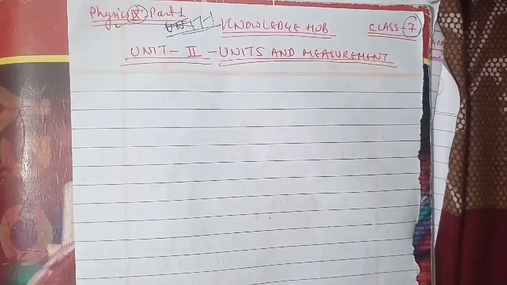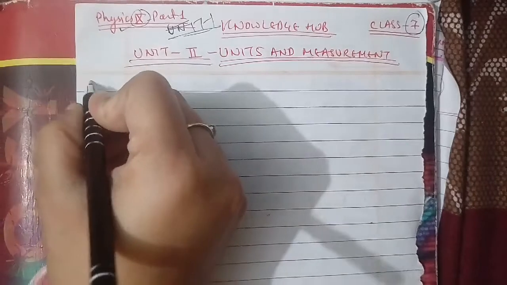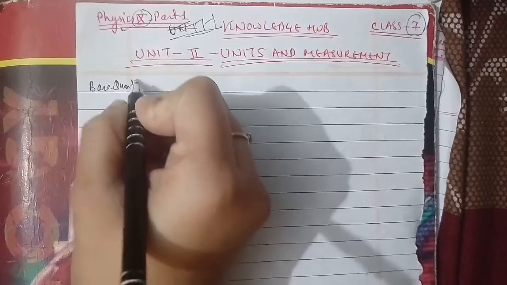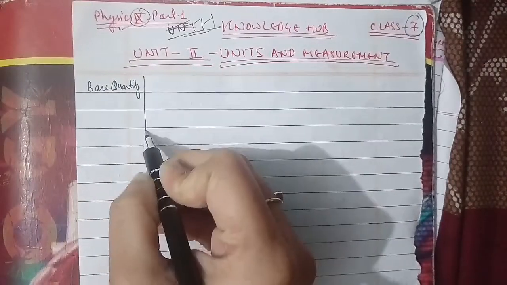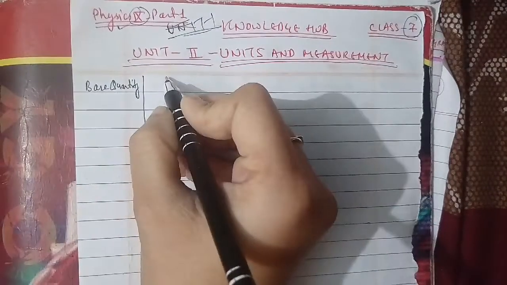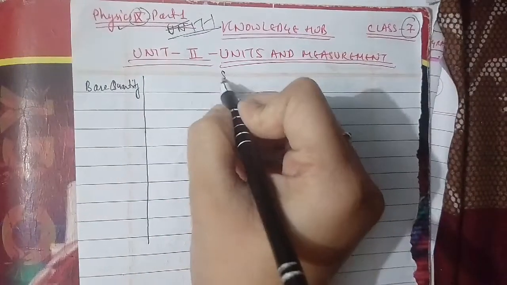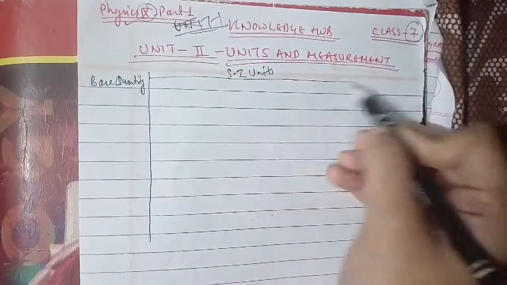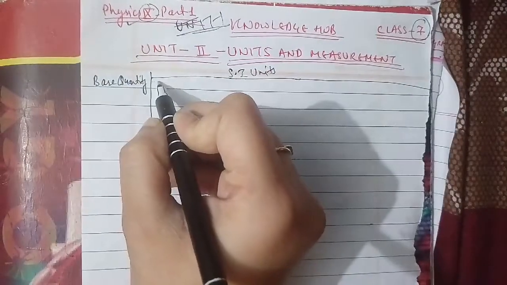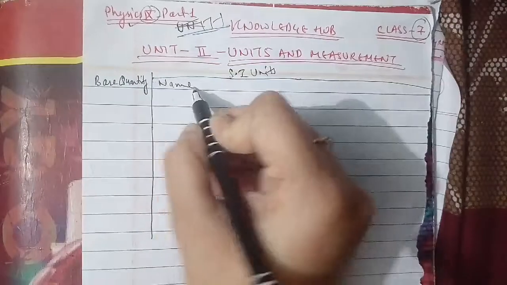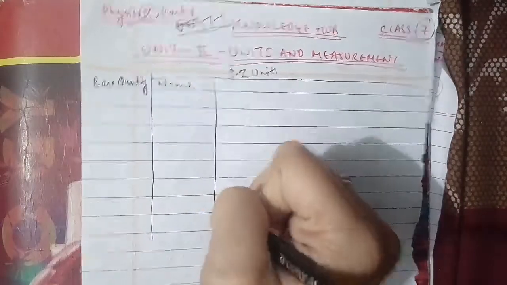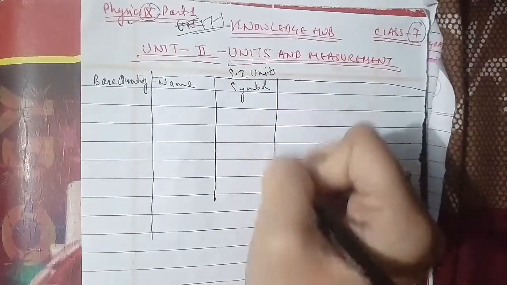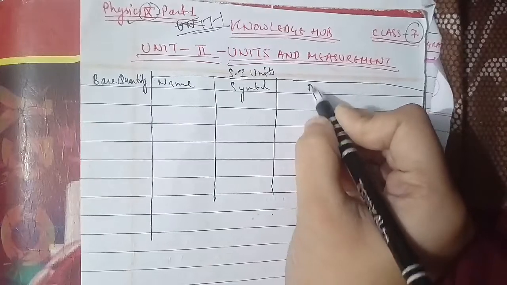So, starting with the base quantities. Base quantity, then we have SI units. Here we have the first column for the name, then the symbol, and then the definitions that we have done.